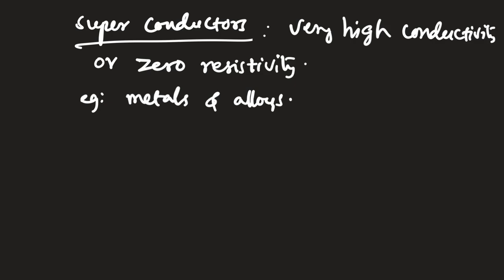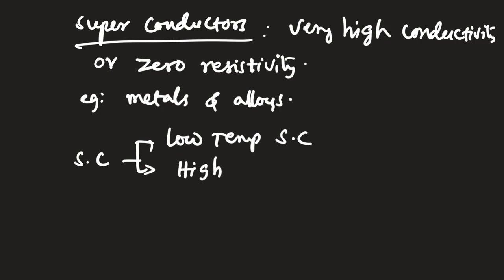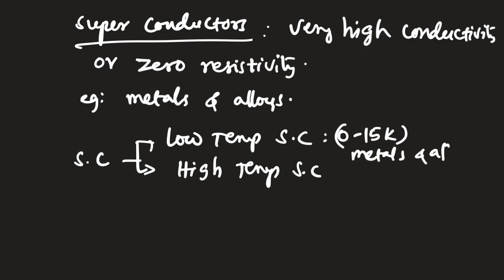Superconductors are two types. One is low temperature superconductor. Second one is high temperature superconductor. Low temperature, that is 0 to 15 Kelvin temperature, are metals and their alloys.